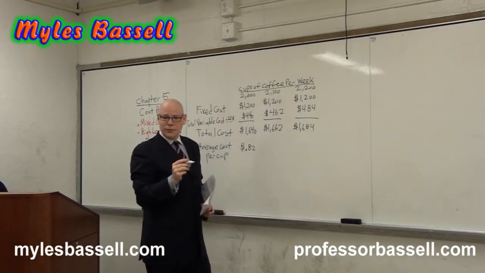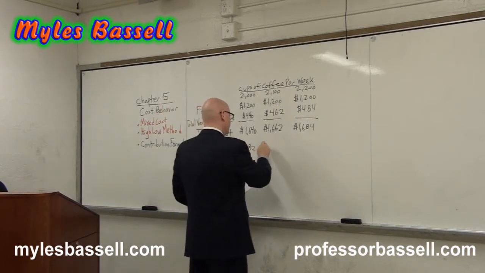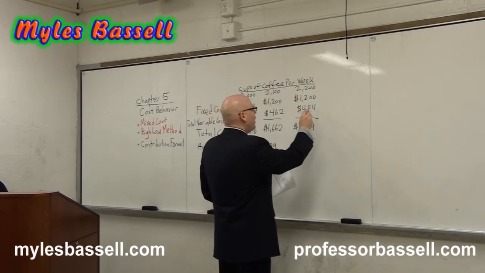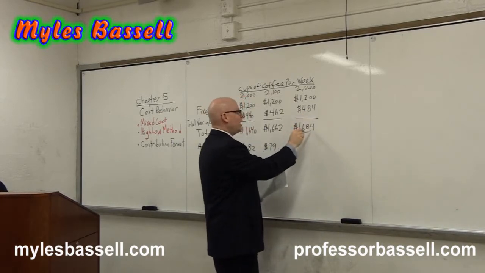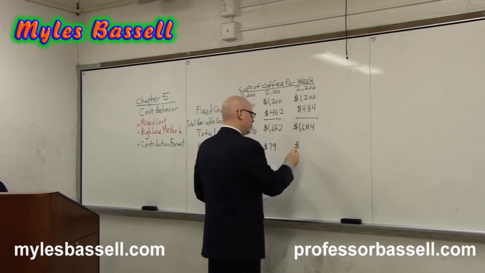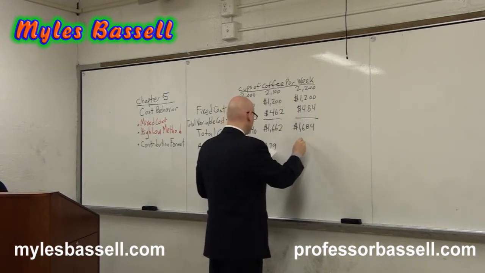How much is that? And then we divide the $1,684 by 2,200 cups. And how much is that? 76.5. Do you round up? Yeah, we could round up, say 77.